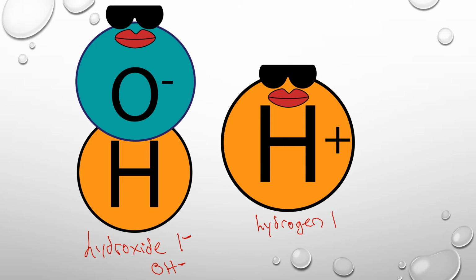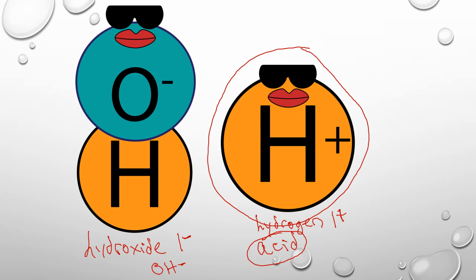And here is the hydrogen ion, which is plus. Now the hydrogen ion, so you know, that's the acid. The hydrogen ion is always acid. When you see a hydrogen by itself, especially a hydrogen ion, think acid. If you look at all of your acids that you know, like hydrochloride and everything, they all start with an H. It has that H ion in it, hydrogen acid.